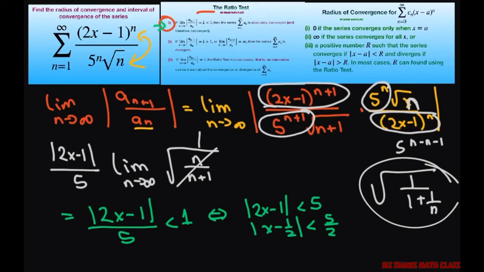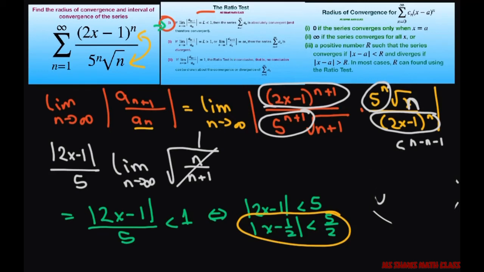By definition of absolute value, that happens when we have negative 5/2 is less than x minus 1/2 is less than 5/2. So when you add 1/2 to everything, you're going to get negative 2 is less than x is less than 3.